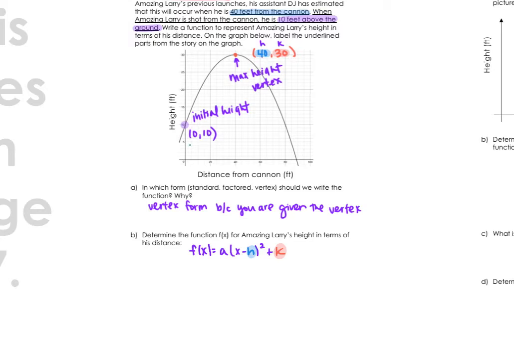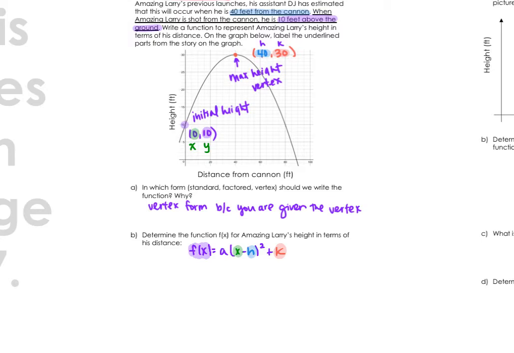Well, this point, we're going to plug that in for x and y, or f of x. So y and f of x are the same thing. So my starting point, we're going to plug in for f of x, and then we are going to plug in 0 for x. This will allow us to solve for a.